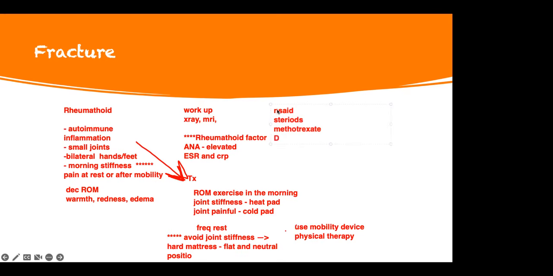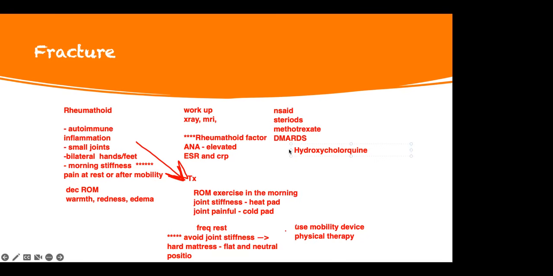And then when you see something called DMARDs, disease modifying anti-rheumatic drugs, and these include hydroxychloroquine. Okay, these are all going to lower. It doesn't prevent the problem. It doesn't let it go away, but it slows down the loss of function. Okay, hydroxychloroquine is one of them.